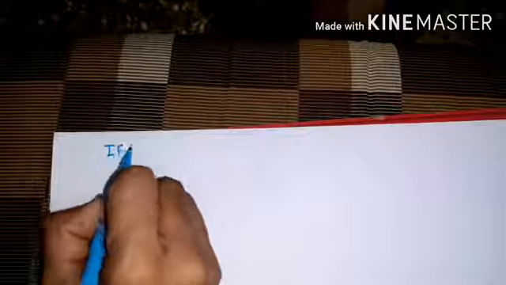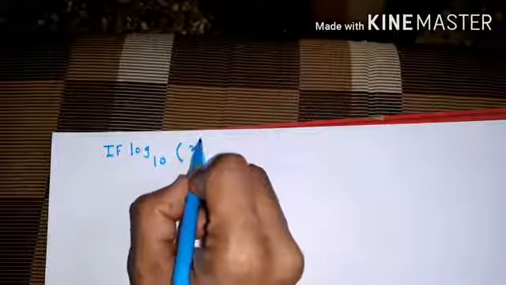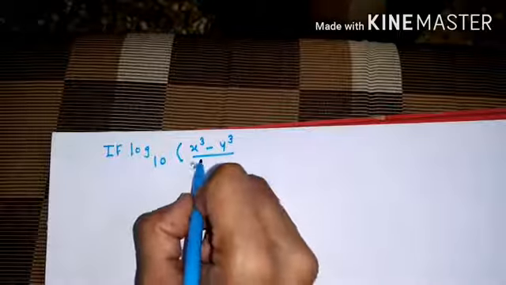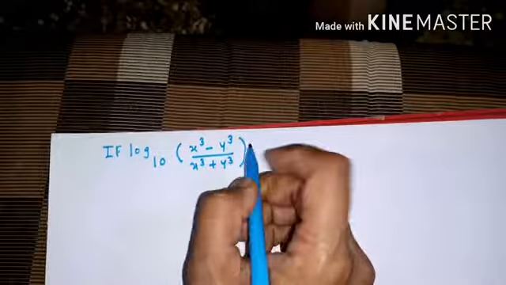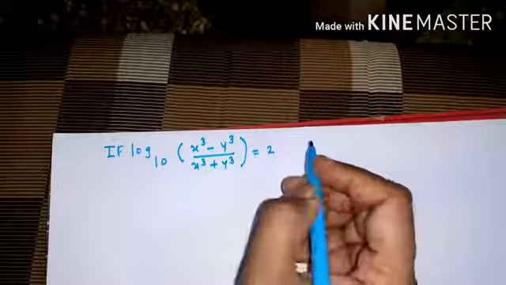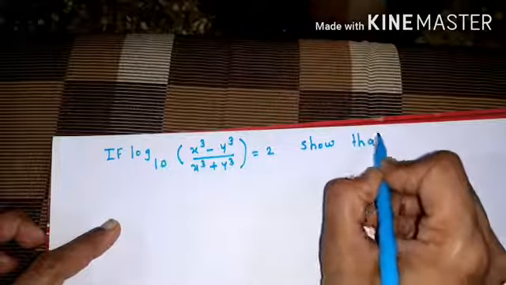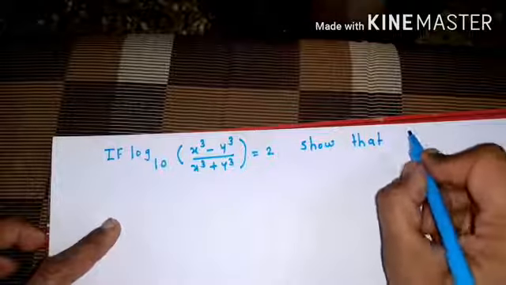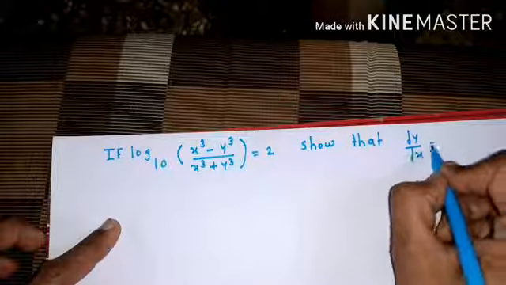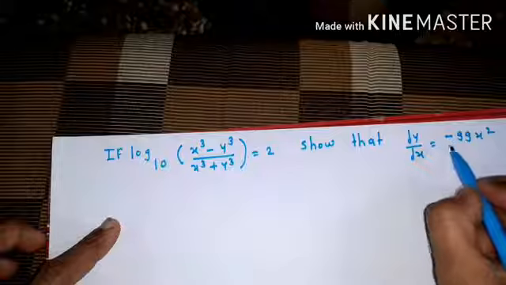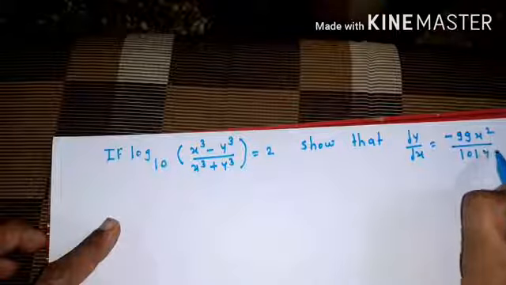If log to the base 10 of x raised to 3 minus y raised to 3 upon x raised to 3 plus y raised to 3 equal to 2, then show that dy by dx equal to minus 99x square upon 101y square.